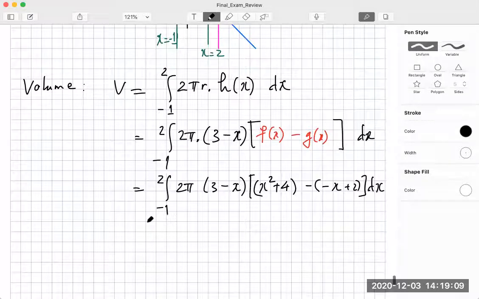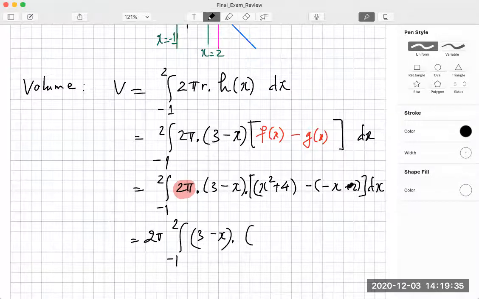Now it becomes a simple integral. 2 pi is a constant, and here we have a product, so we can take 2 pi out of the integral and make it easier. Let us simplify the second parenthesis here.